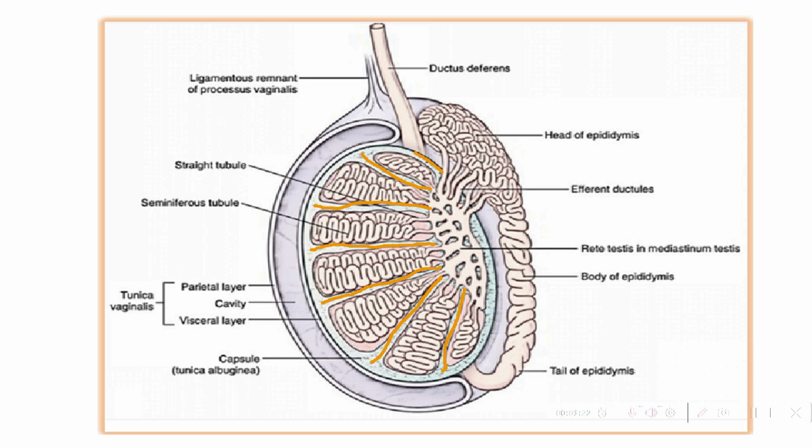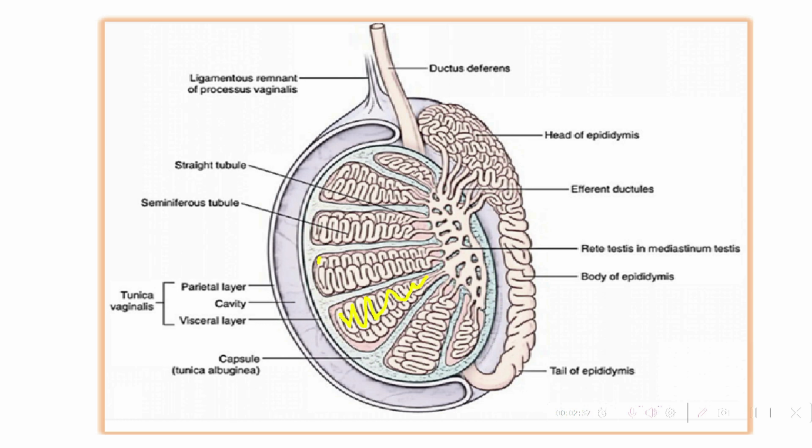Inside each compartment is a collection of tightly coiled hollow tubes called the seminiferous tubules. Each lobule contains 1 to 3 seminiferous tubules, just visible to the naked eye as delicate threads.